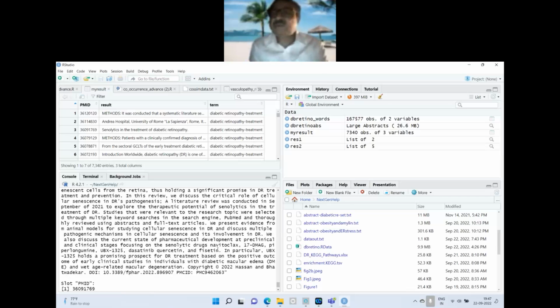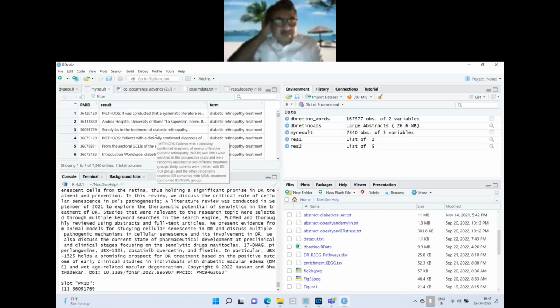So this is how our knowledge increases. This is really very nice that at one go I never knew anything like senolytic exists. And suddenly today, in front of you, while doing it, I come to know what it is.